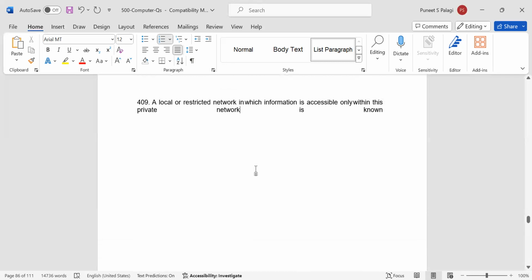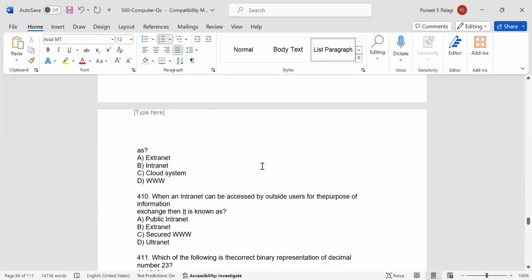Then the next question, a local or restricted network in which information is accessible only within its private network is known as Extranet, Intranet, Cloud System, WWW. It's option B.